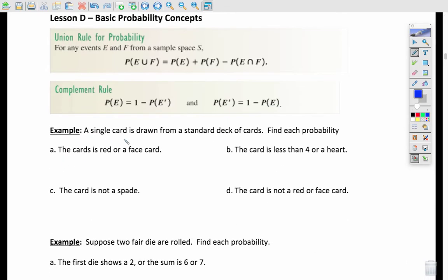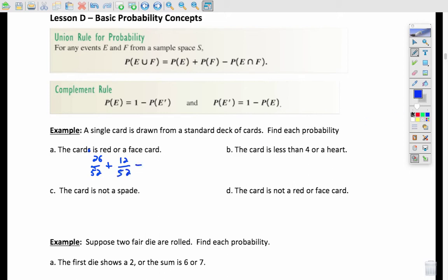The union rule is very simple to do here. If you want to draw a single card from a standard deck of cards and you're finding the probability that the card is red or it's a face card, well, 26 out of the 52 cards are red, and 12 out of the 52 are going to be face cards.